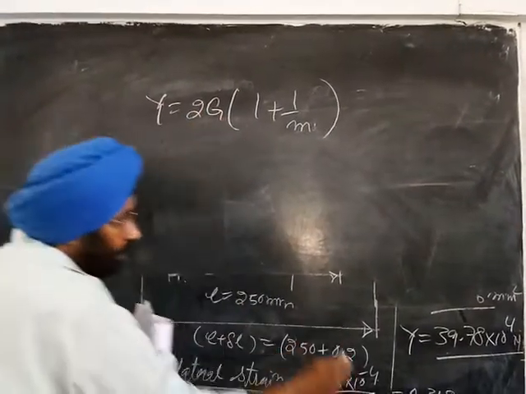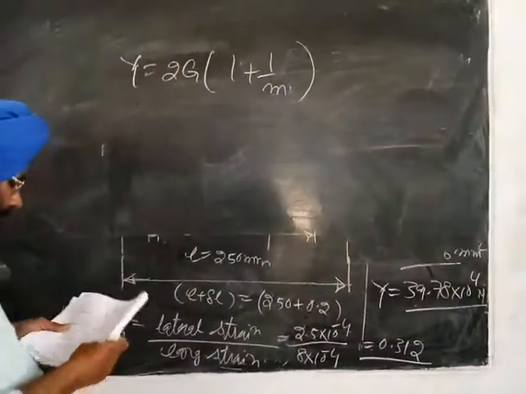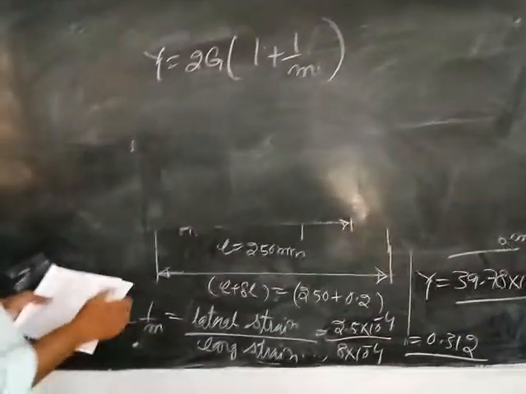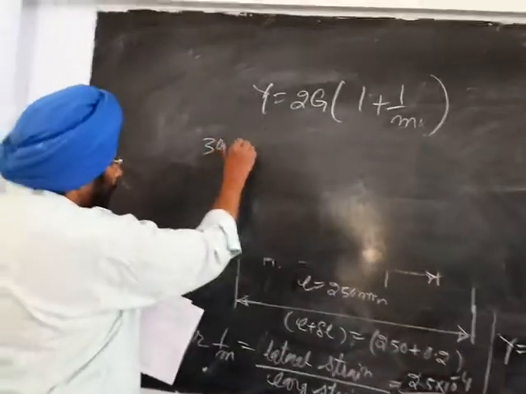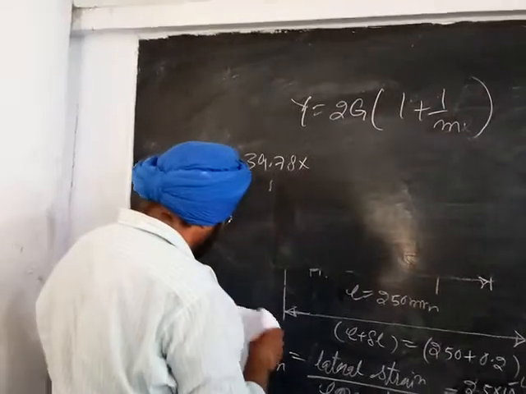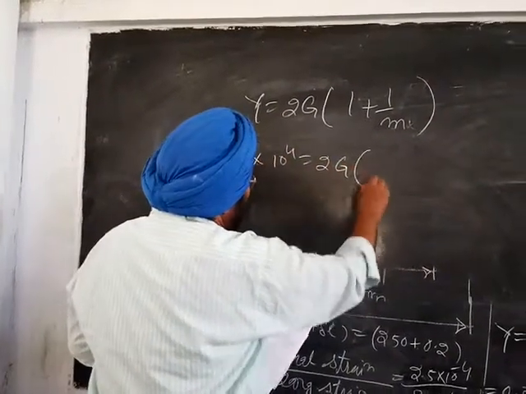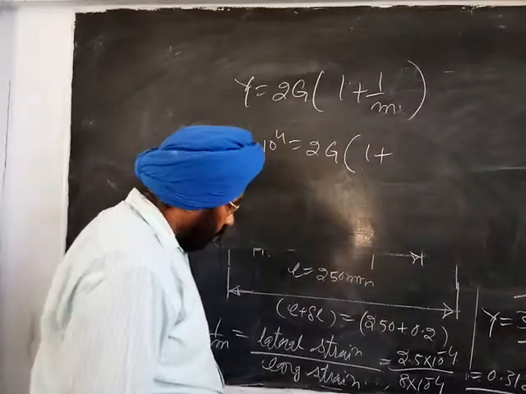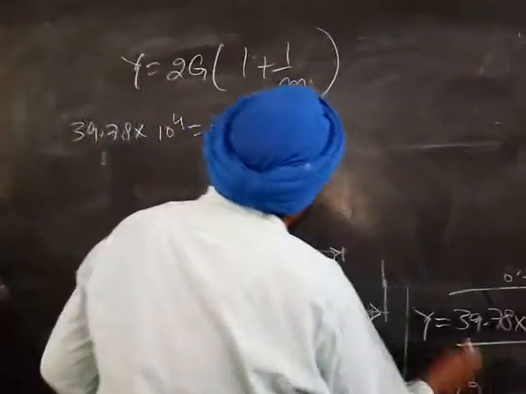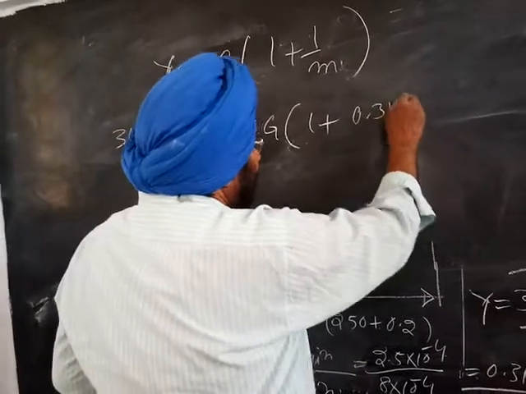So Y is 39.78 into 10 raised to the power 4, equal to 2G into 1 plus 1 upon m, Poisson ratio, which is 0.312.